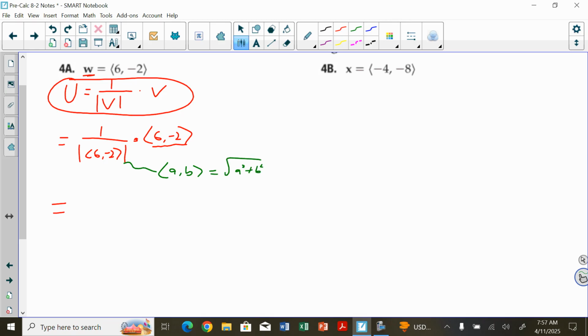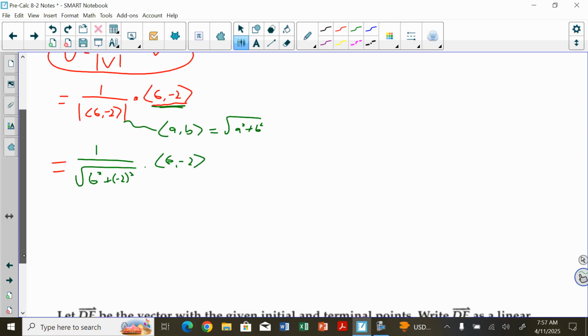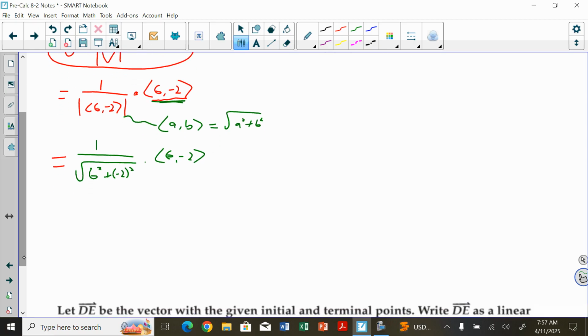So what we end up having is 1 over the square root of 6 squared plus (-2) squared, and then later, like I said, we're going to multiply by this <6, -2>. Basically just scalar multiplication. All right, so what does that come to? That comes out to 1 over the square root of 40, right?